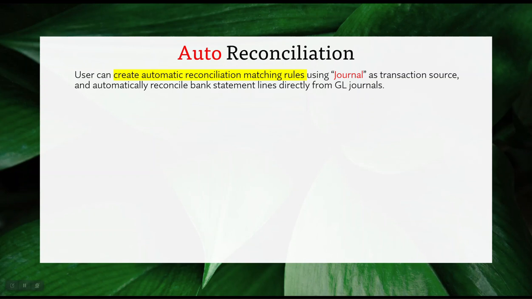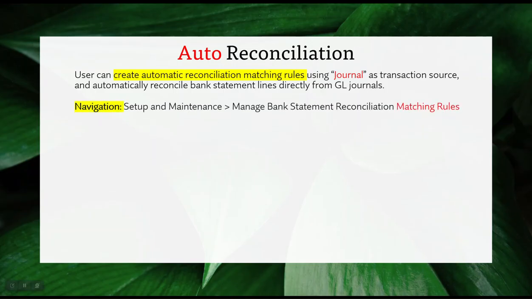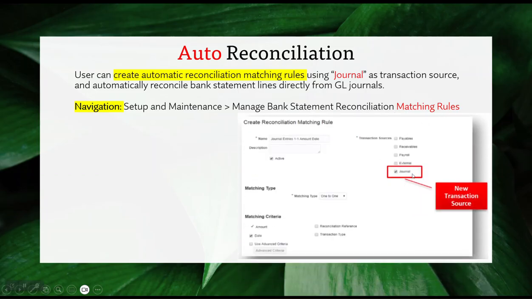For this case you have to create or enable journal as a transaction source. In this case, it automatically reconciles bank statement lines directly from GL journals. You can go to Manage Bank Statement Reconciliation Matching Rules, where you will find journals along with payables, receivables, payroll, and external. Just enable this option as a new transaction source.